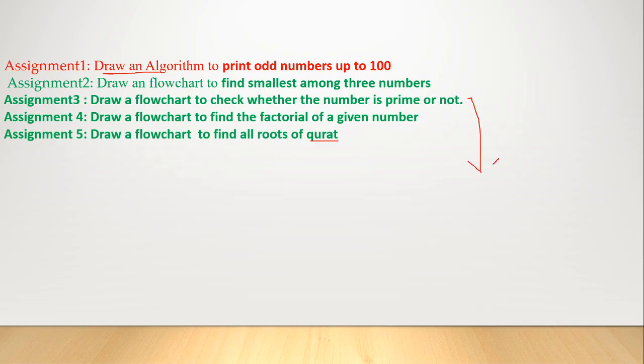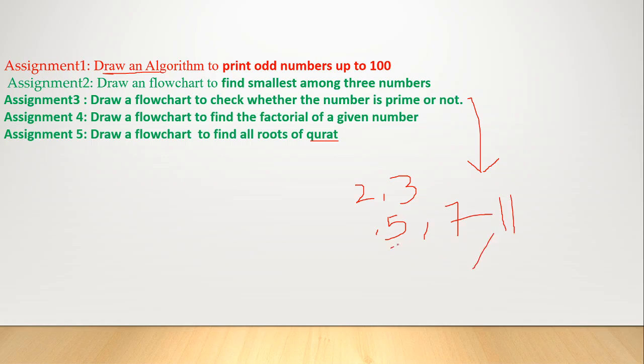checking whether a number is prime or not. We must know what prime numbers are. Prime numbers are those numbers which are divisible only by themselves and 1. Suppose 2 is a prime number, 3 is a prime number, 5 is a prime number, 7 is also a prime number, 11 is a prime number.